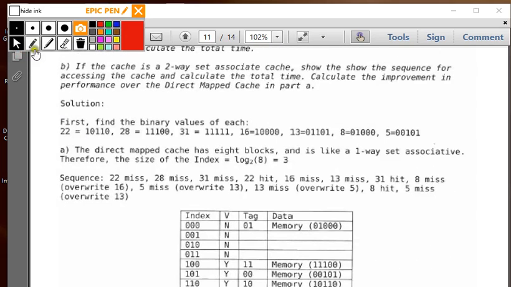Because as we started out before, now we're dealing, our indexes are 1, 0, 0, 0, 1, 1, 0, 0, 0, 1, 0, 0, and 0, 1. And then these are your tags, right? So that means we're trying to use this dual set associativity to figure this out.